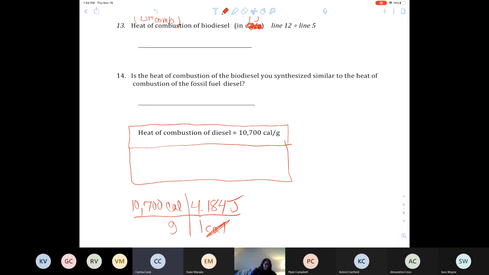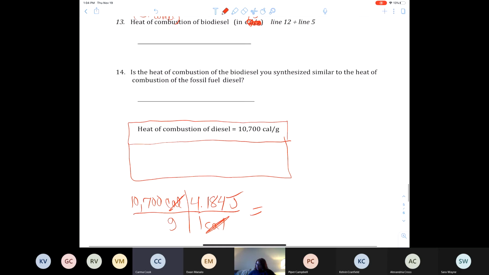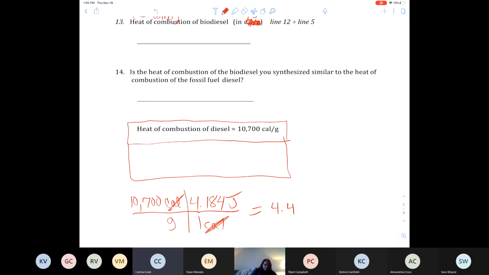So we cancel out the calories. And that's equivalent to 4.48 times 10 to the 4th joules per gram.